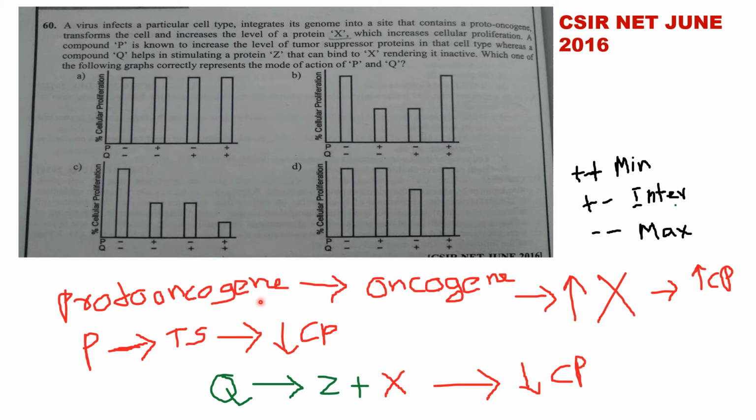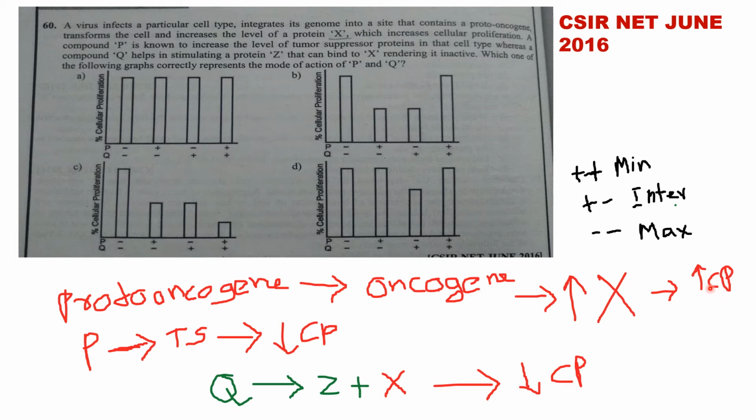Upon viral genome integration, this proto-oncogene will become an oncogene, that means an abnormal proto-oncogene, and because of that the level of protein X will increase. Abnormal production of protein X, and this protein X will increase cell proliferation.